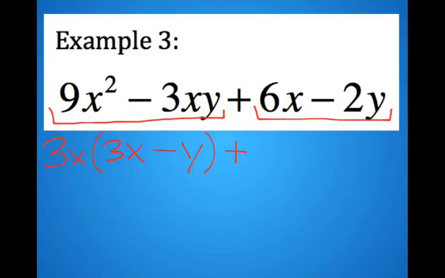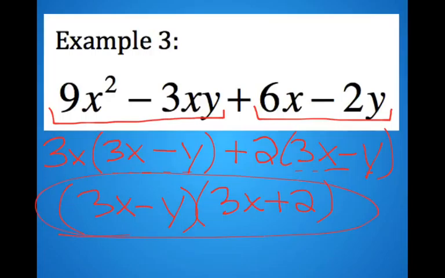And then the last two have a 2 in common, and that leaves us with 3x minus y. And then we notice that the 3x minus y is in common, so we take that out. And then we see what's left, and we have a 3x plus 2 left over. So then that's our final answer.